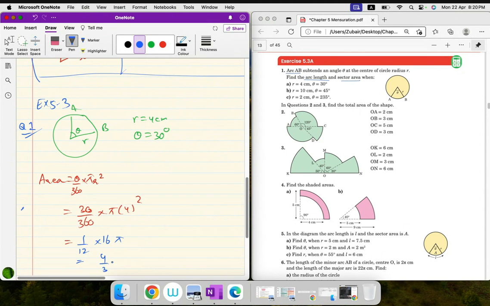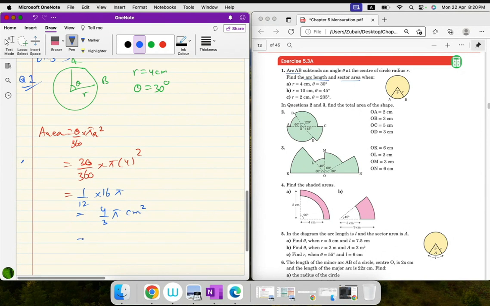If the question says in exact form, we will write this answer. But if they are asking for three significant figures or something, so into pi, I'm getting 4.19 centimeters square up to three significant figures or two decimal places. Any doubt?